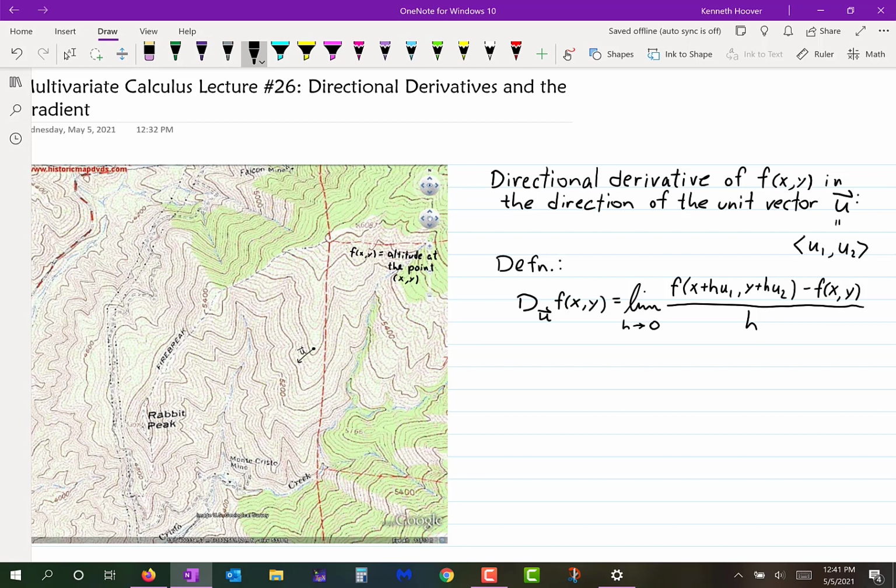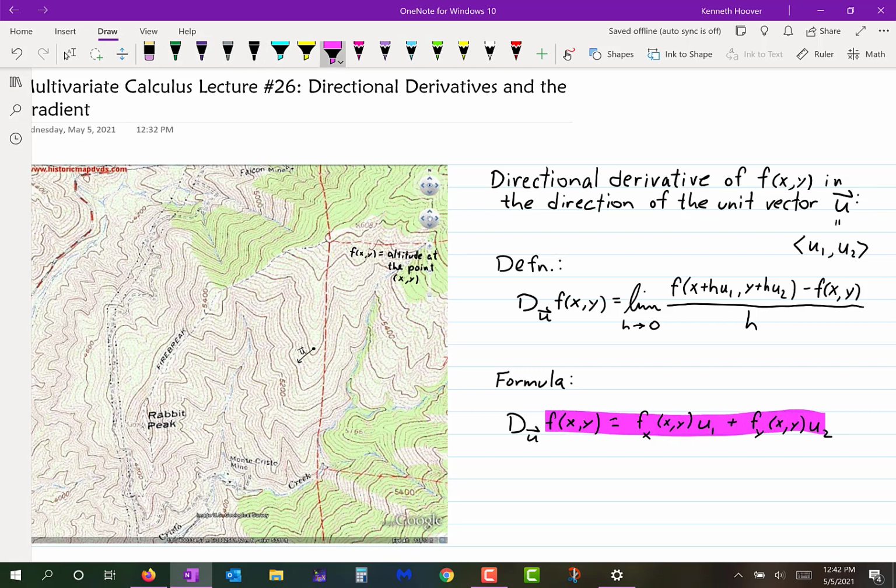That's a definition. But here's how we actually calculate it. It is simply equal to the partial derivative of f with respect to x times u1 plus the partial derivative of f with respect to y times u2.